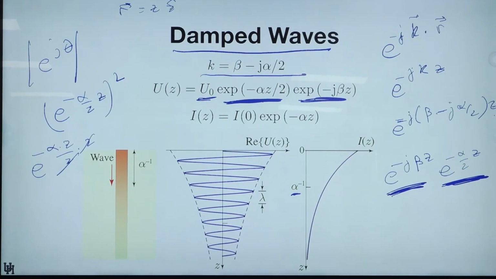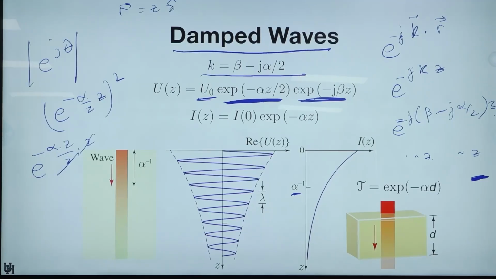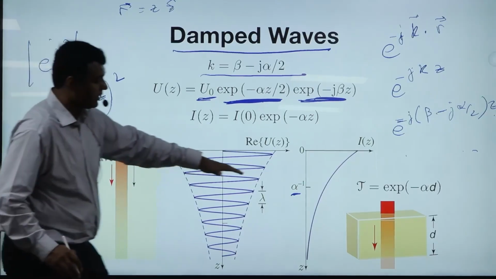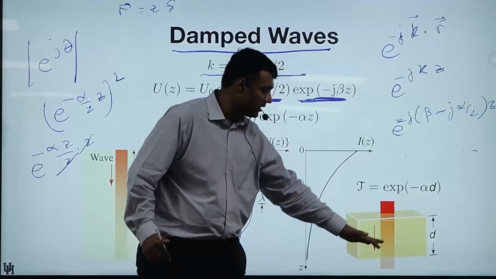Okay, so this is essentially how you think about absorption of light, and there are other very related things. There is something called Beer-Lambert's law, which I'll get to in a few minutes. Let me erase this a little bit. Sorry about that. So if a certain amount of light is incident on the top surface, as it goes through, there is a reduction in intensity.